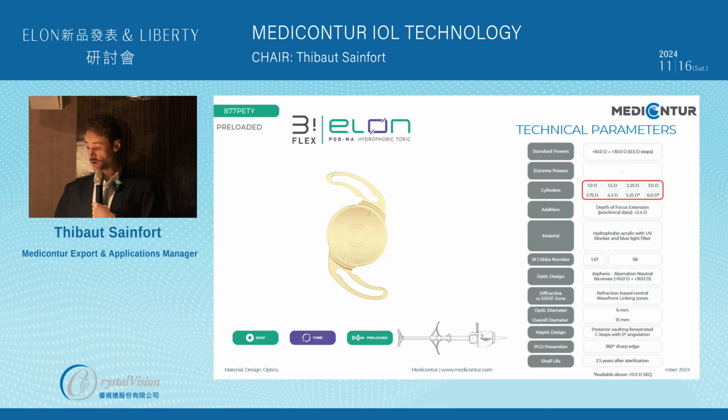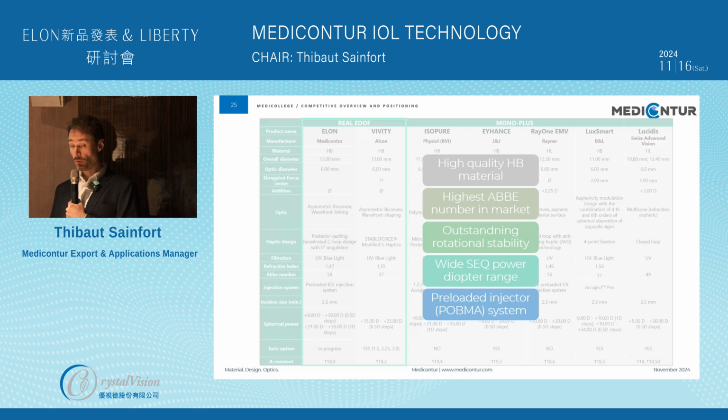We have a design, which I will share with you afterwards, that is very stable. And the power range: today we have the widest power range, from 8 to 35 and from cylinder 1 to cylinder 6. And it is fully preloaded in our injector, whereas the VVT lens is not preloaded at the moment.